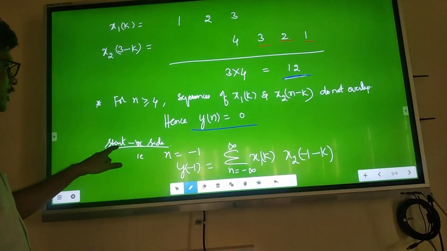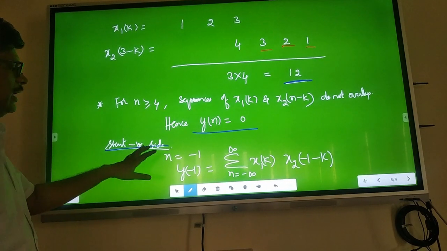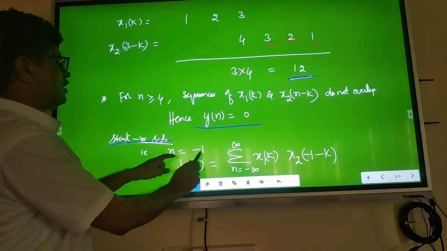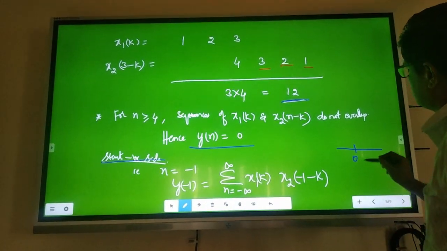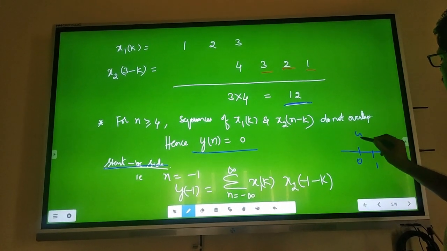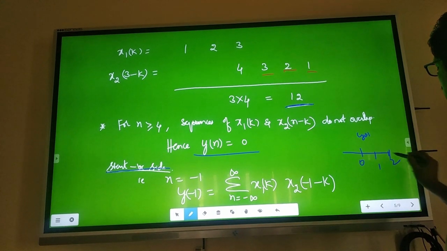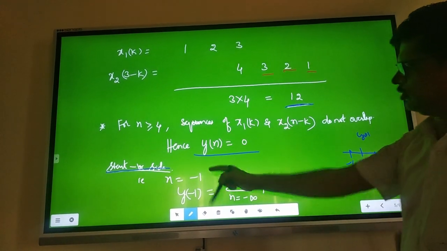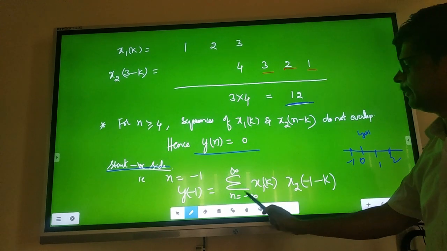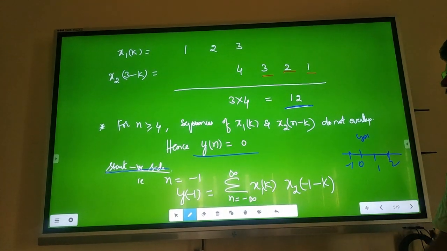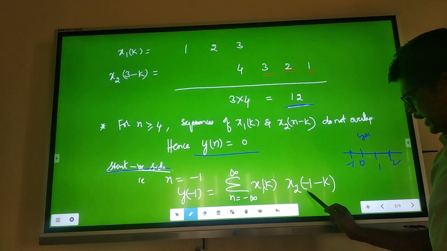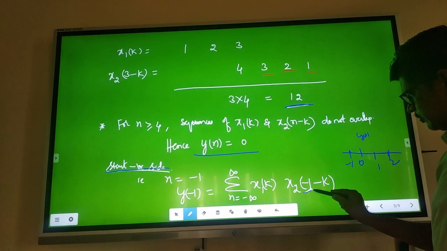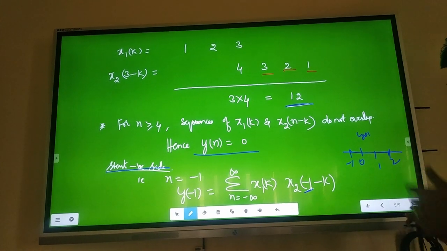Now come to the left side, the negative side. Substitute n is equal to minus 1. Up to here the right side is over: y[0], y[1], y[2] and so on. Now, n is equal to minus 1. y[-1] is equal to the summation over k from minus infinity to plus infinity of x1[k] x2[-1 minus k].